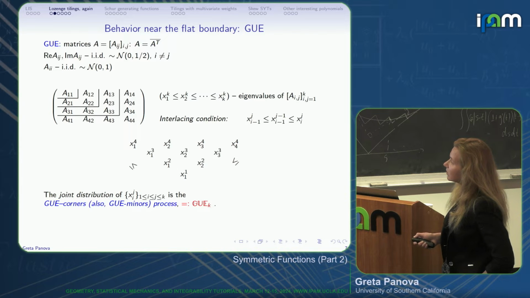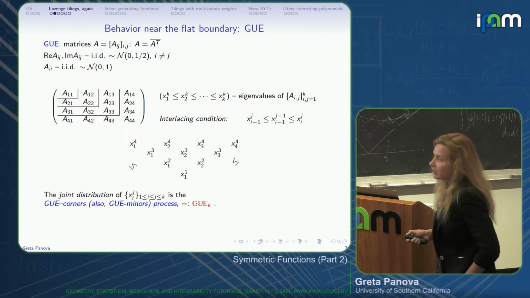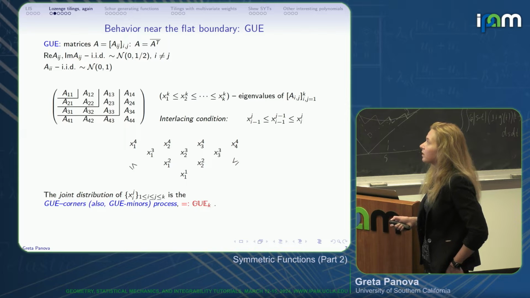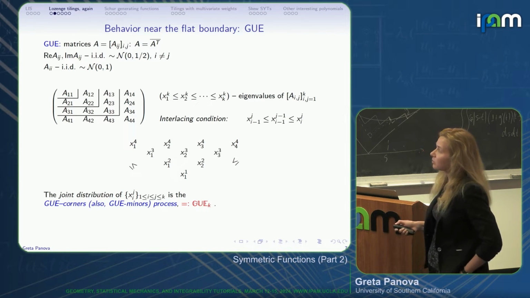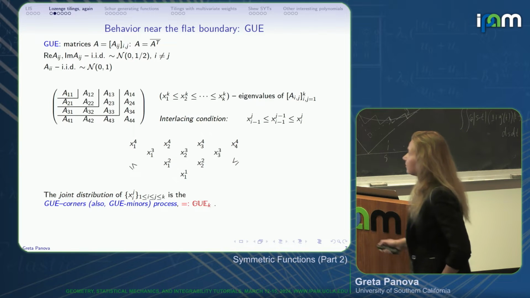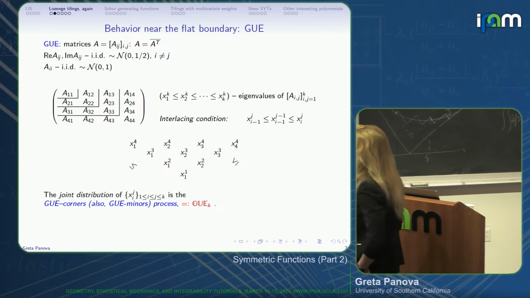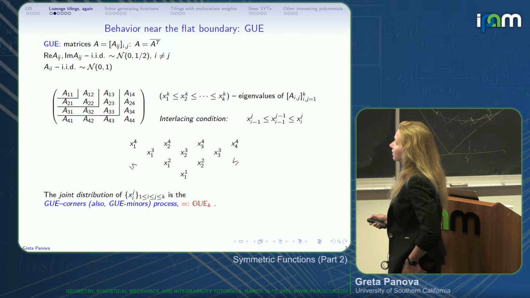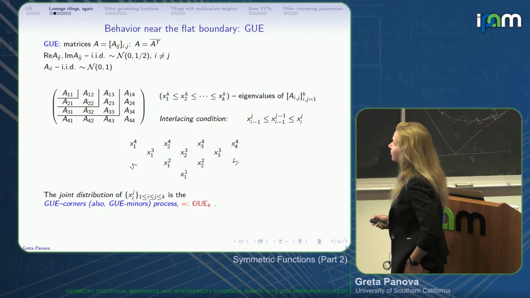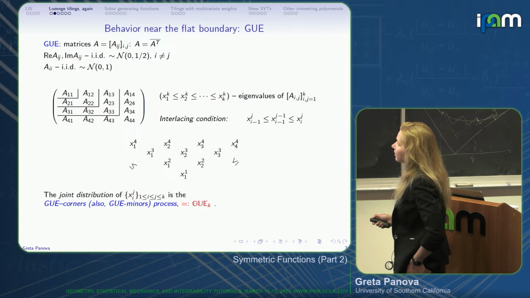The ones on the diagonal are IID normal, and the other ones have real and imaginary parts, also IID normal with different variances.